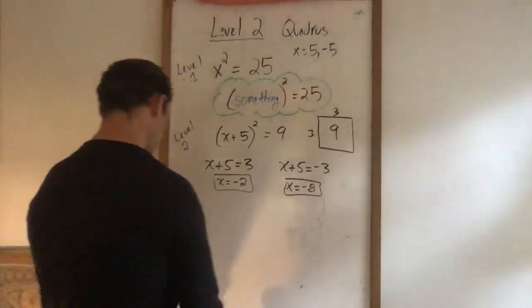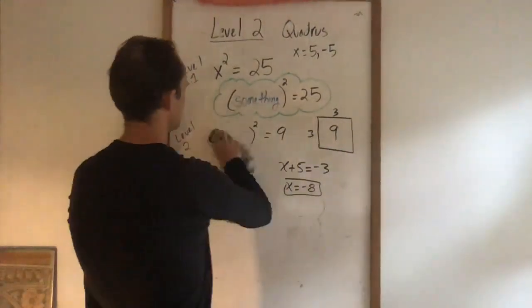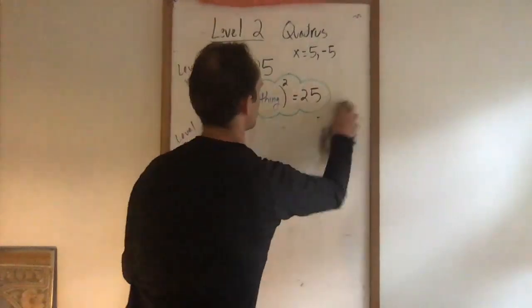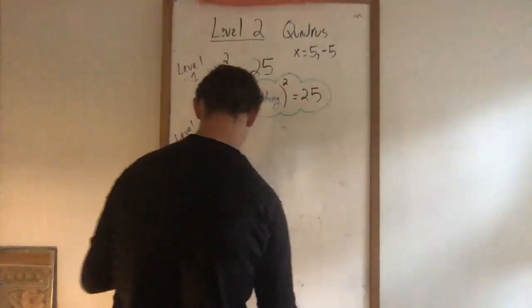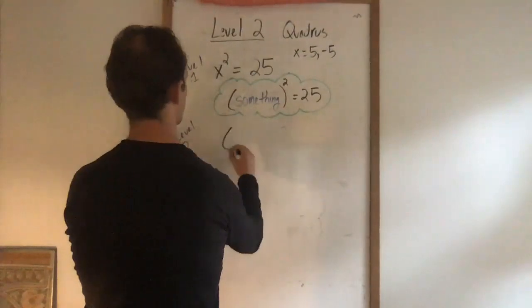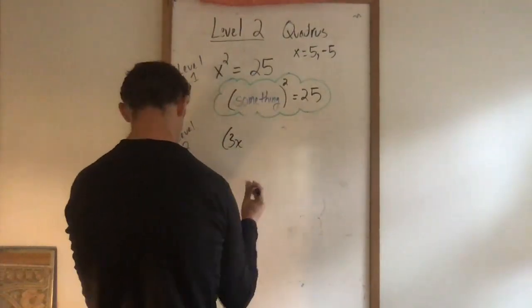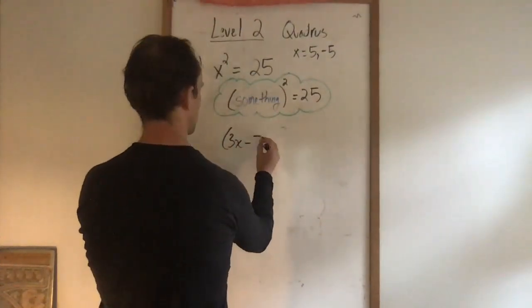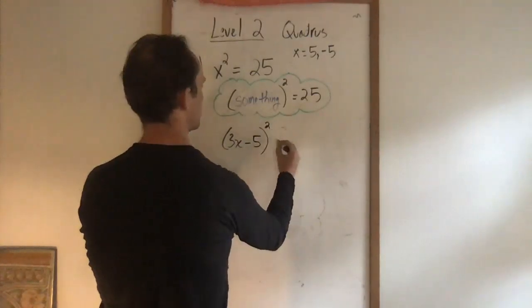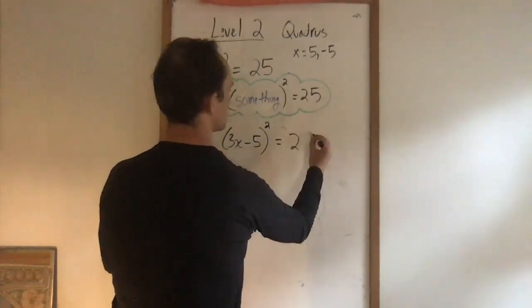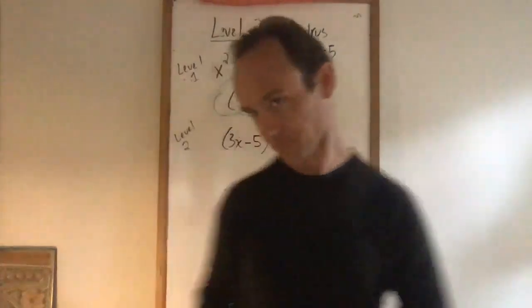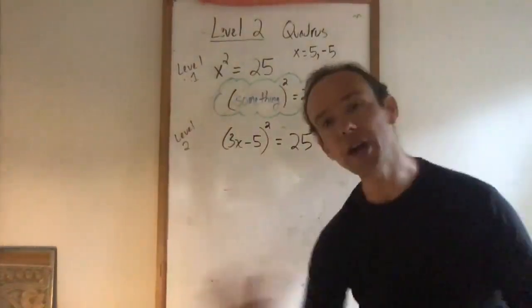Let's try another one here. Oh gosh, okay. Let's go 3x minus 5 squared is equal to 25. All right. Well, hit pause and try to beat me to it.